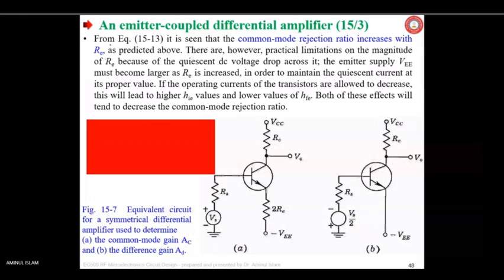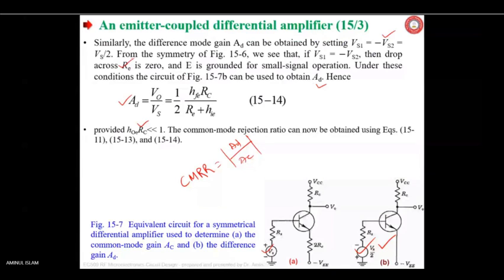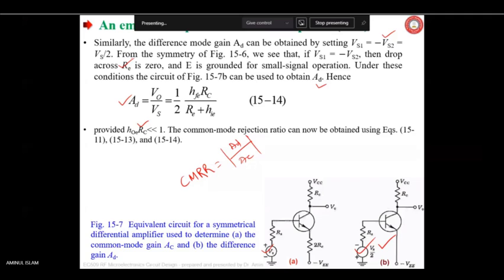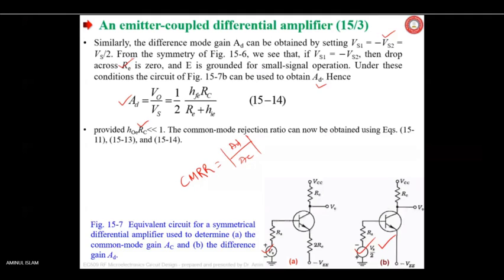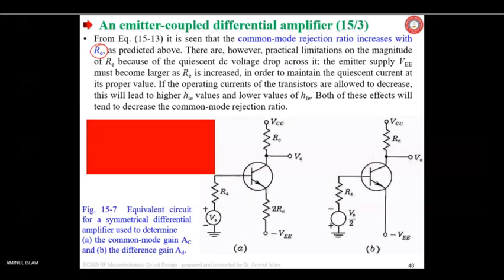From this figure, it is seen that the common mode rejection ratio increases with RE. If you look at all those equations, RE is there, and in the earlier equation also we have seen that if RE increases, then CMRR increases, as stated above.